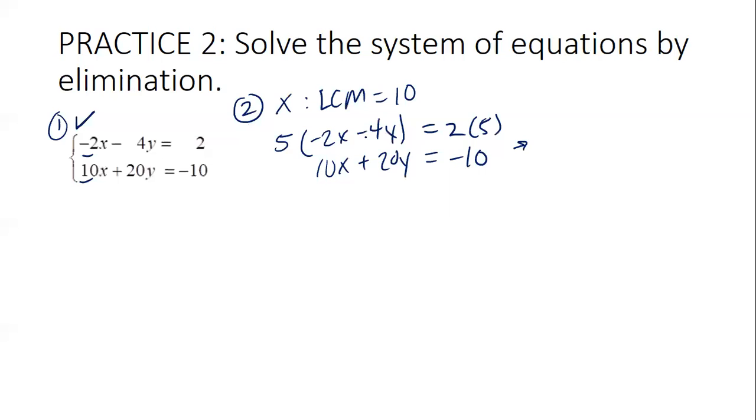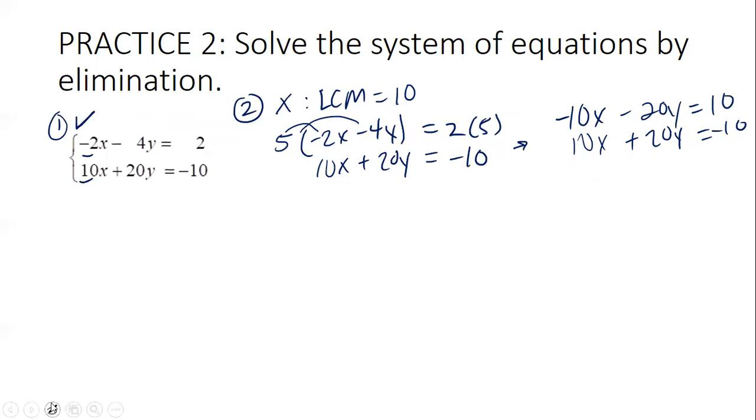So I'm going to distribute, transform my equation. So we have negative 10x minus 20y equals 10. And then we have 10x plus 20y equals negative 10. All right.